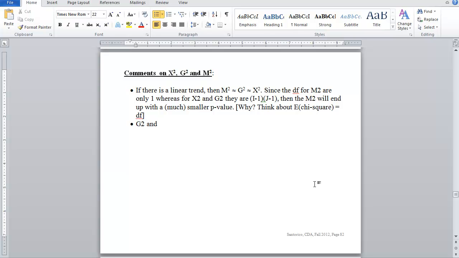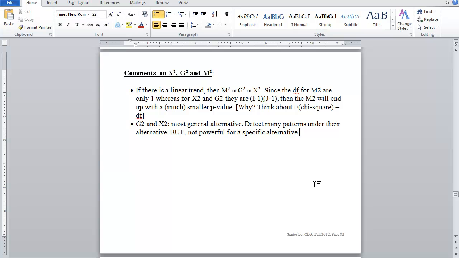Okay, so the upside for the G-squared and your chi-squared is that they do give the most general alternative. Right, so in other words, they detect many patterns under their alternative. Okay, so that's a benefit, but they're not powerful for a specific alternative.